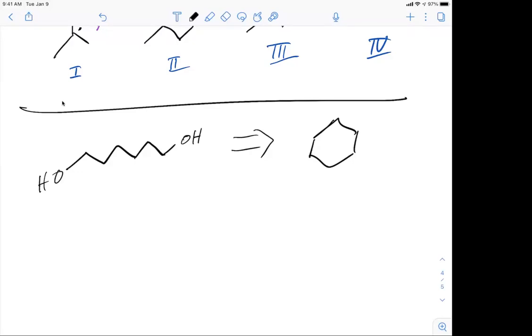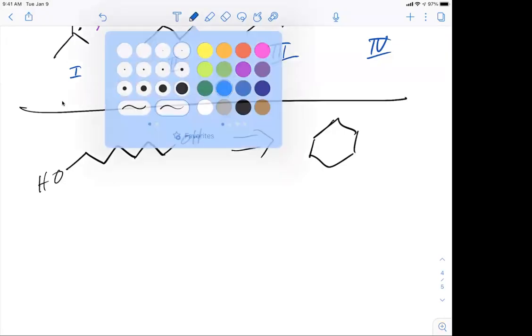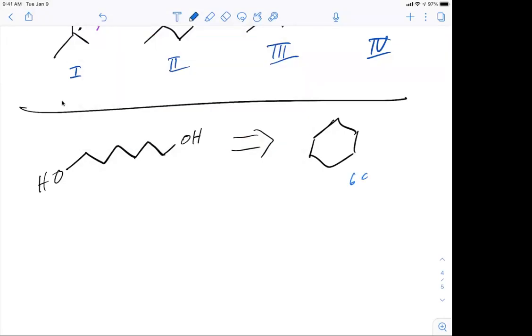Okay, let's take a look. So on this one, first let's analyze our carbon structure. So over here I have 6 carbons. Over here I have 6 carbons. But my structure here is acyclic, right? And over here it's cyclic. So I know I'm going to be doing some type of carbon skeleton change. I'm just not going to be potentially adding carbons.